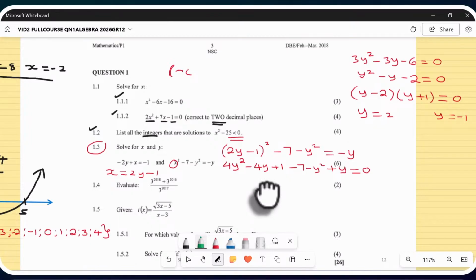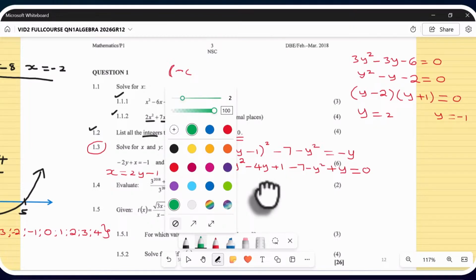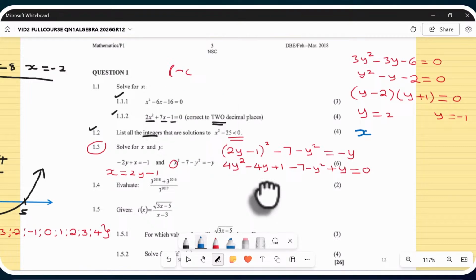So it becomes x equals negative 2 minus 1, which gives us x equals negative 3. Alright, so that's what we have here. I hope, guys, we are together.